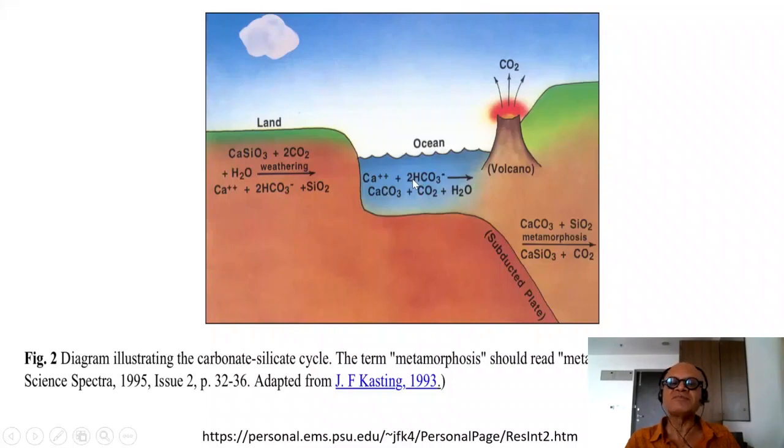The regulation comes from the fact that the ocean crust forms continuously and subducts under the lighter continental crust, and then under high pressure and temperature we have metamorphosis of calcium carbonate and silica, which releases CO2.